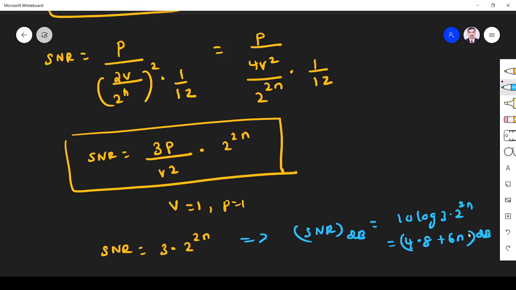So the SNR should always be lesser than this, not greater. So SNR dB for PCM is less than or equal to 4.8 plus 6n. This is the thing we have to understand.